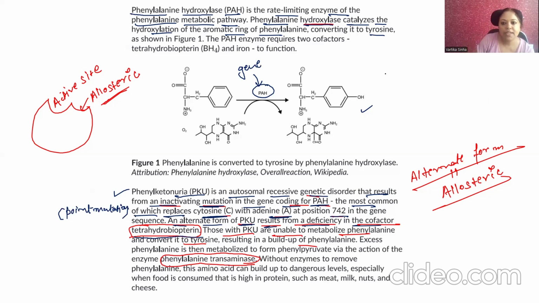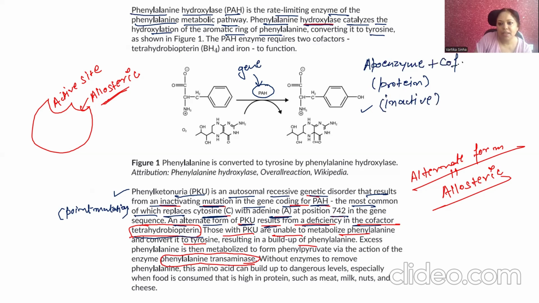Biochemistry says that when an enzyme is not able to work on its own, that is known as an apoenzyme, right? Apoenzyme means, of course, the protein portion of the enzyme, but an inactive version of the enzyme because it is not able to work on its own. Why?